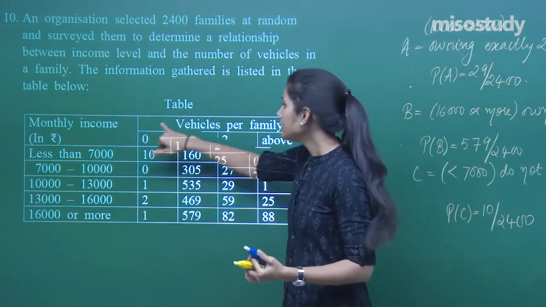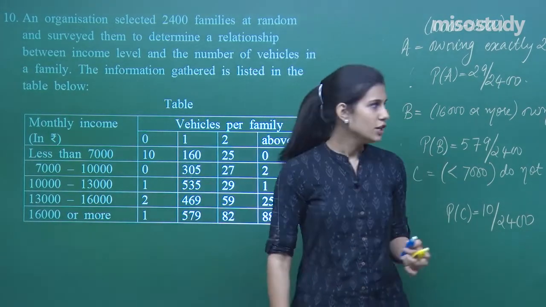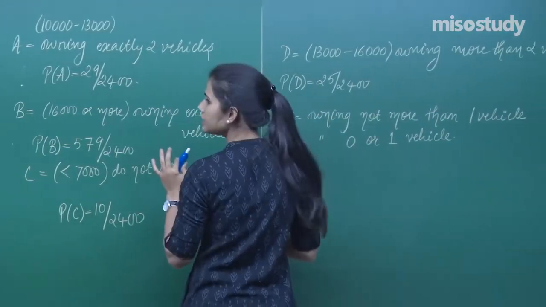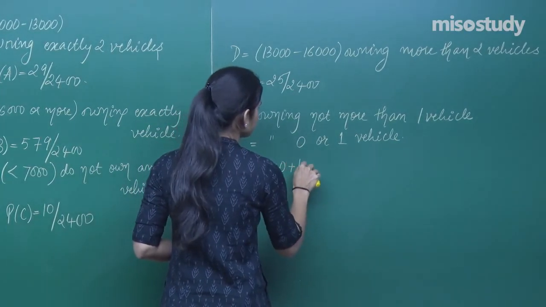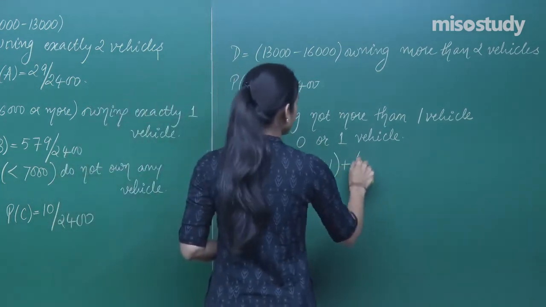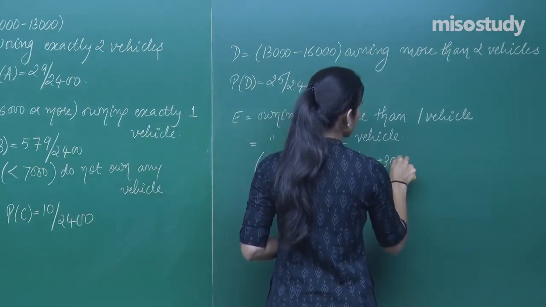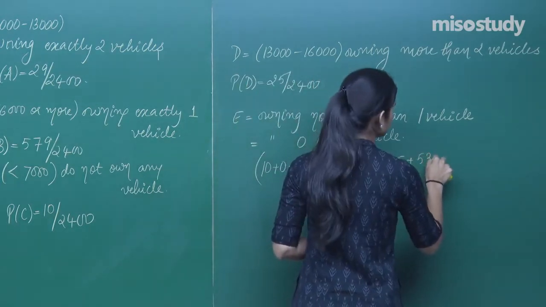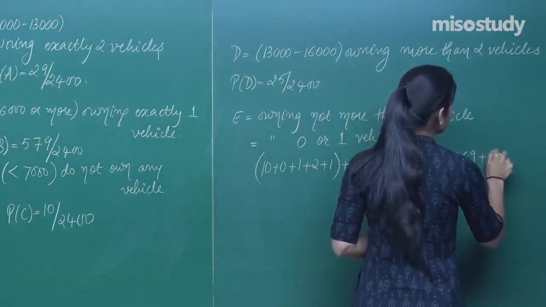So, number of families having either 0 vehicle or 1 vehicle, I will be adding these 2 columns completely. So, number of families which own either 0 vehicle or 1 vehicle, it is 10 plus 0 plus 1 plus 2 plus 1. This is the number of families having 0 vehicles, and 160 plus 305 plus 535 plus 469 plus 579.